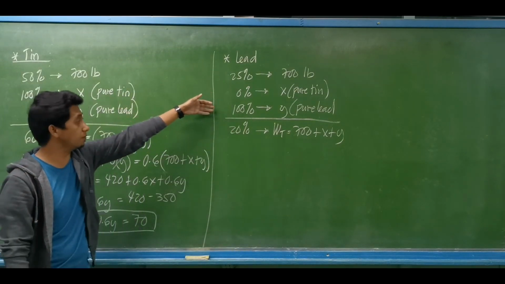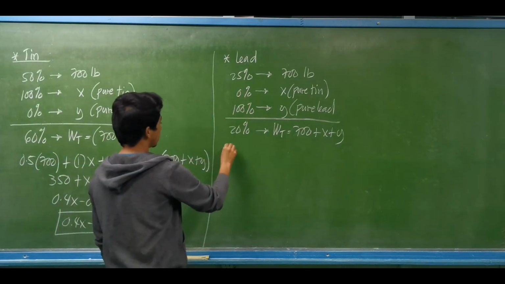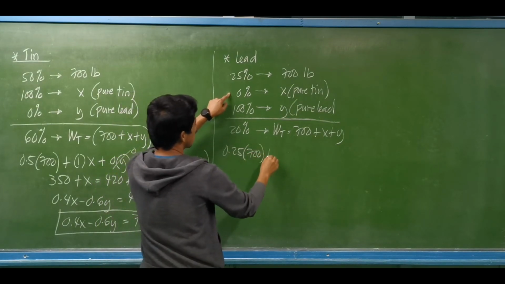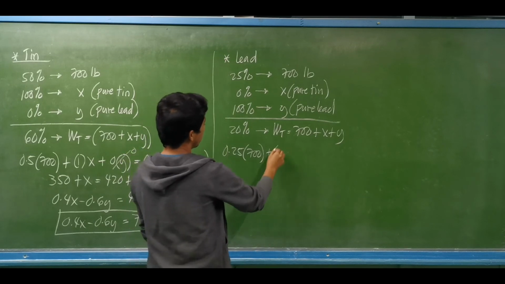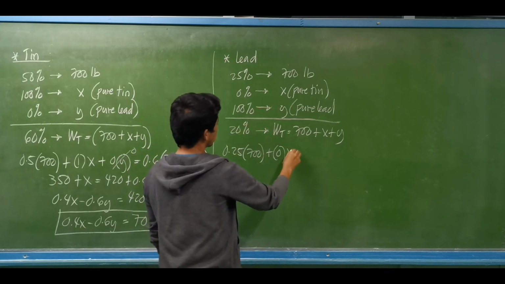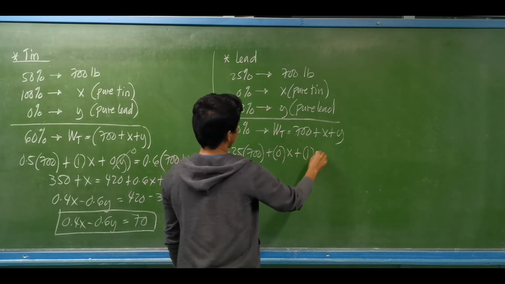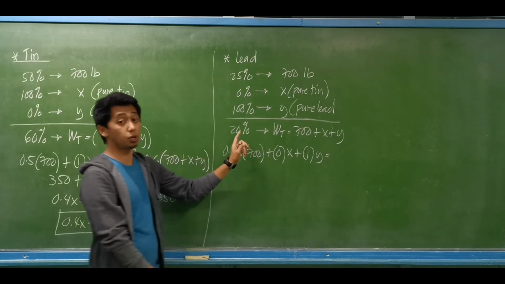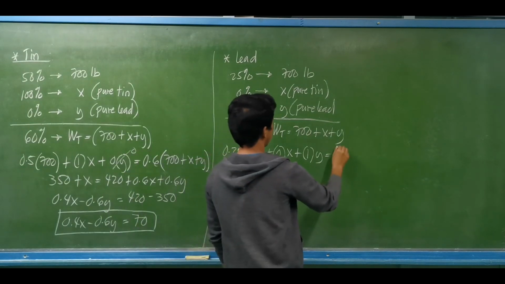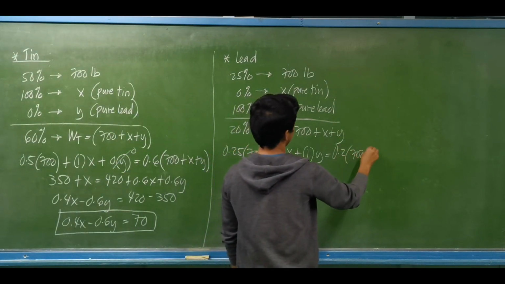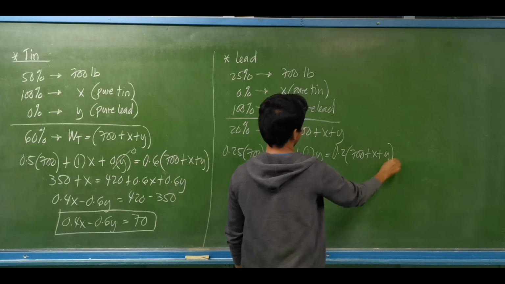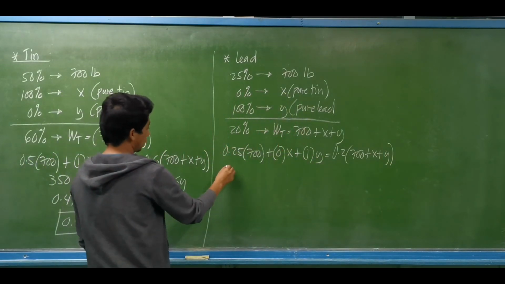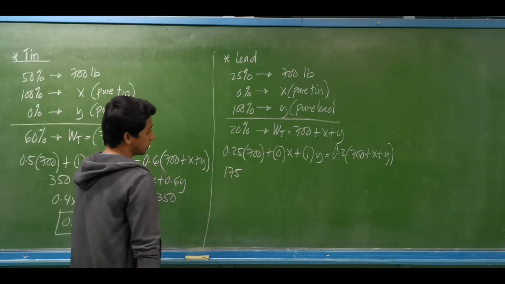So our equation is 0.25 of 700, plus 0% lead, since it is pure tin, plus 100% pure lead, is equal to our resulting mixture, that is 0.20 of 700 plus X plus Y. What is 0.25 of 700? This is 175.